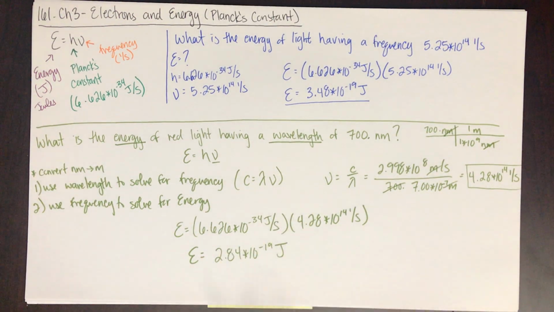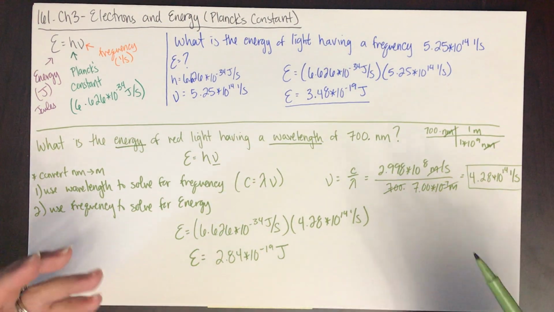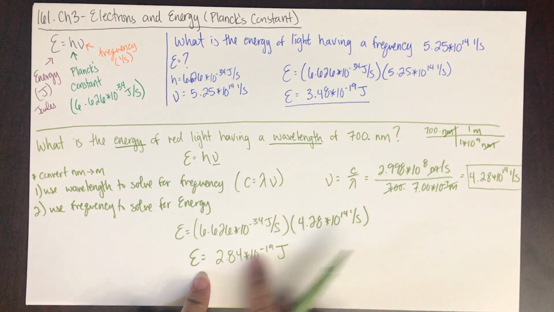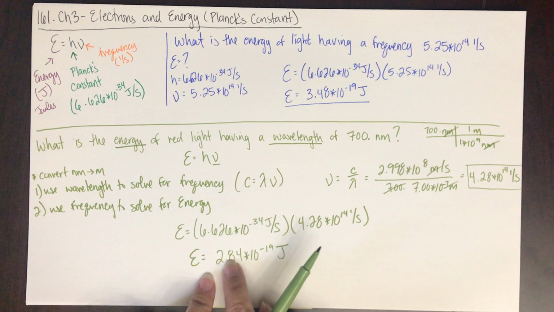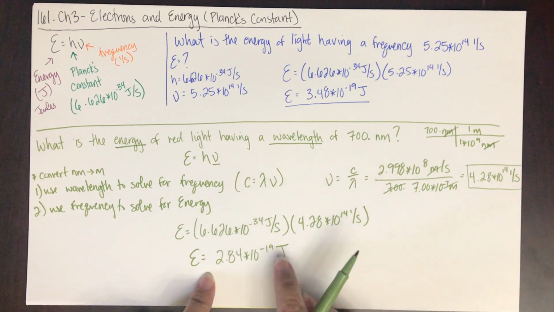So for all of the math that we're going to be doing in this class, there's always 3 parts. The first, most important, most heavily weighted part of a correct problem is going to be the math itself, that the number is correct. 2.84 times 10 to the negative 19th. That's worth the most points, that you get the math right. Next is that you have the correct unit.